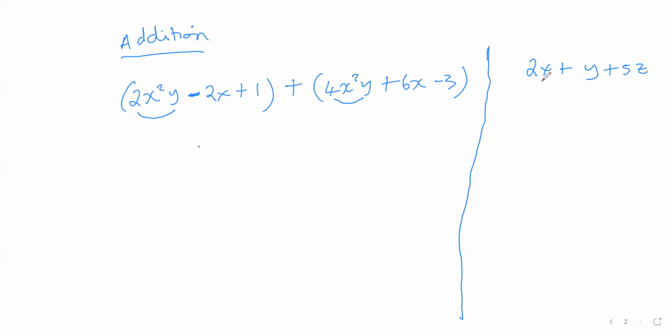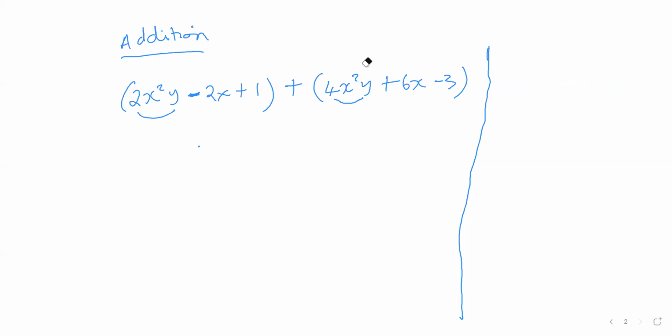These are called variables because their values can vary. Whereas 2 here is a constant and it's called the coefficient of x. Here the coefficient of y is 1 and the coefficient of z is 5, because 5 is a constant, 5 is 5. 5 cannot be anything else. But z can take any real number since we are working in the real number space here.